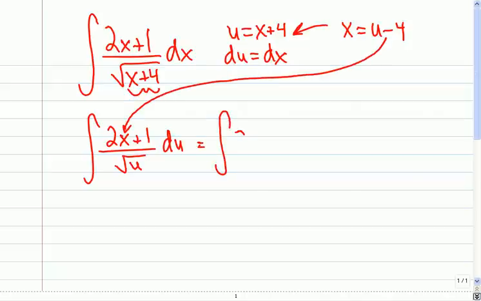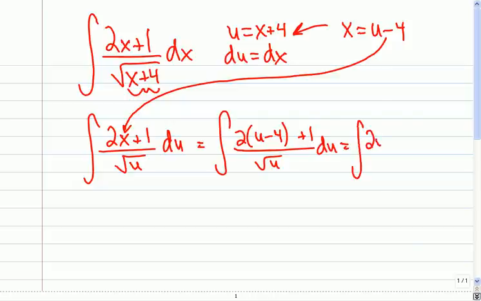So now I'll get 2 times u minus 4, plus 1, over root u du. So what I'll end up with is 2u minus 7 over root u du. That's a little easier to work with.